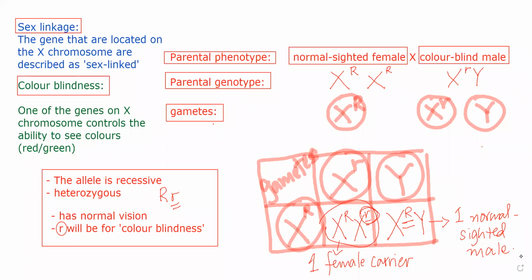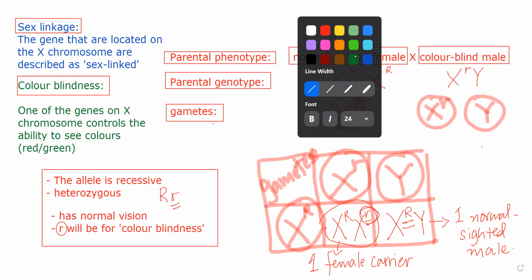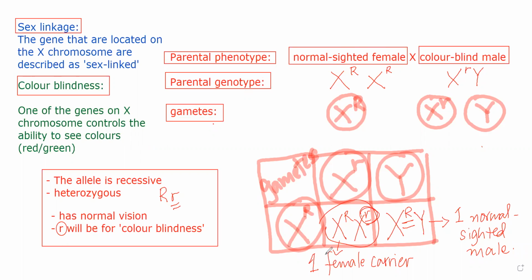Now we are going to cross both of them: in the next generation, one female carrier and one normal sighted male. Now let's see how we're going to do that. Let's talk about the parental phenotype first.